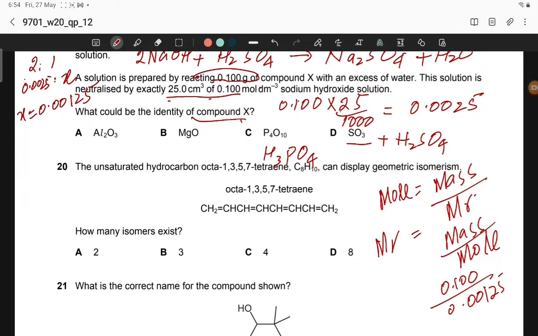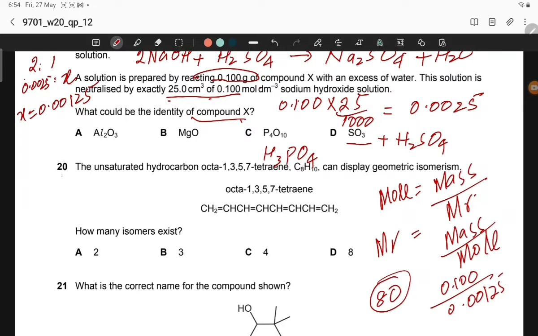0.100 divided by 0.00125 is equal to 80.